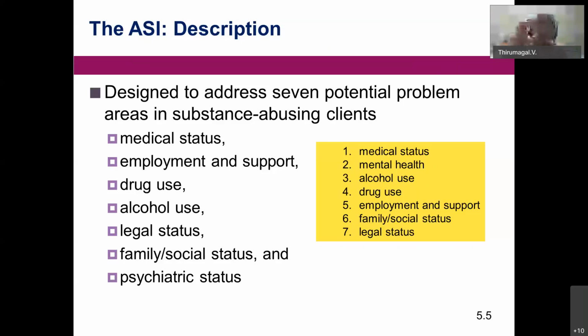Employment. We have to follow the ASI very clearly. Okay, it's all listed in the ASI. The developers of ASI have a very clear idea about where questions should be listed. So follow the ASI very, very carefully. Is that okay?